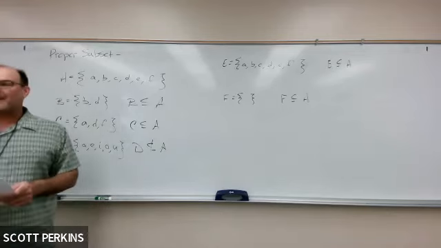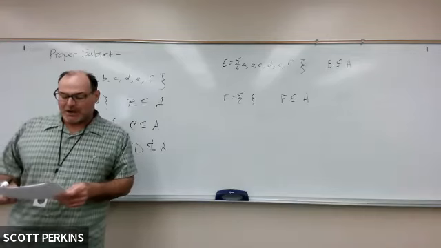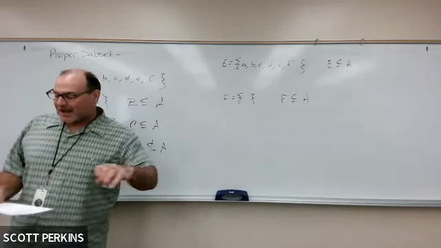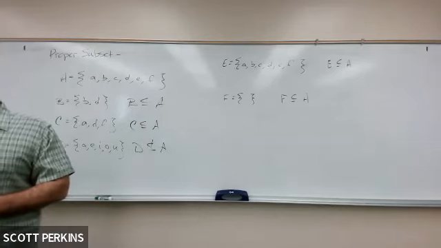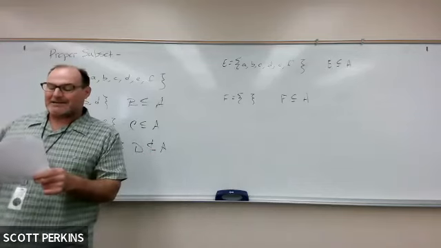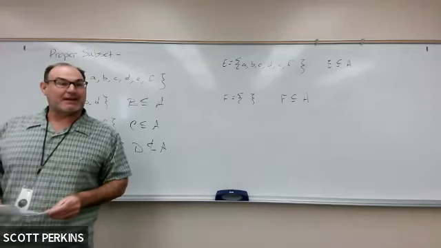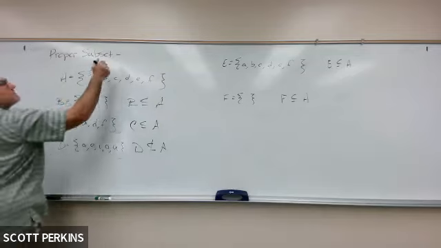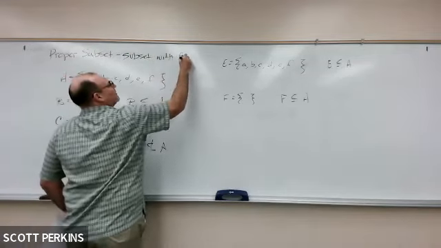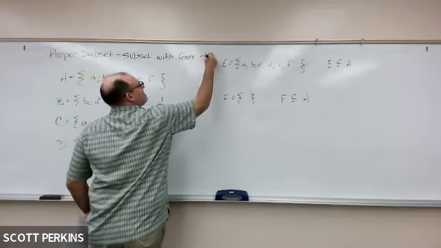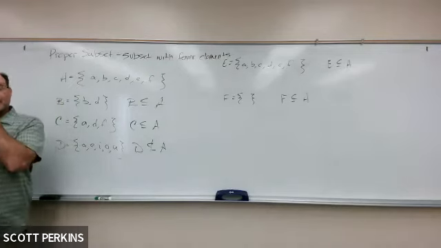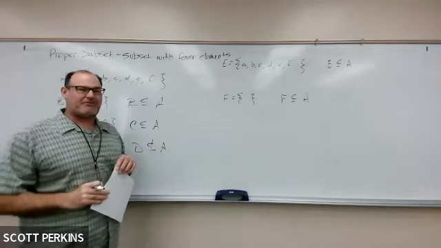The definition on the page says set B is a proper subset of set A if and only if every element of set B is an element of A, which is what we already saw, and set B is not equal to set A. So a proper subset is a subset with fewer elements. This is kind of a shorthand way to think about it.